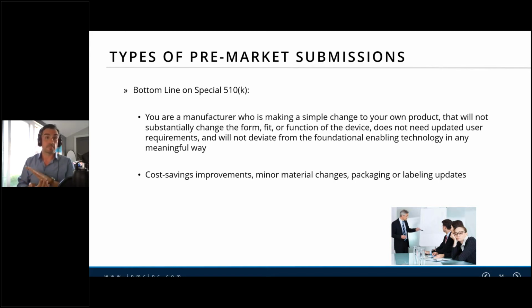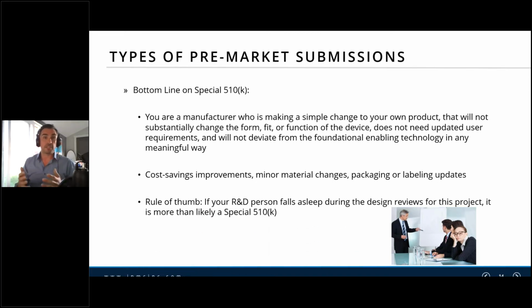Cost savings improvements, minor material changes, packaging or labeling updates. Basically, if your engineer is falling asleep during their own design review, it's more than likely a special 510K. Those are relatively straightforward, simple changes, and you might need to kick your engineer under the table to get them to stay awake during those design reviews.